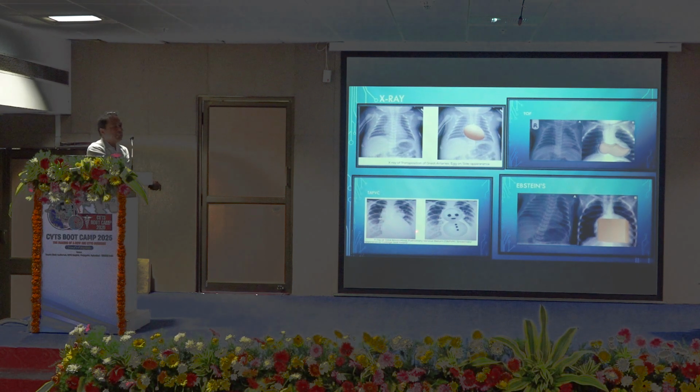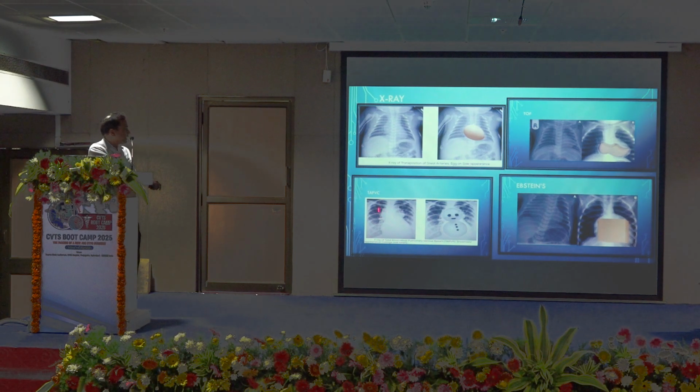Coming to TAPVC, total anomalous pulmonary venous connection, here the shape is called snowman heart or cottage loaf appearance of the heart. What is that? In supracardiac TAPVC especially, there will be an ascending vertical vein which will be dilated, because all the pulmonary venous blood goes through the vertical vein to the innominate vein, then comes to the SVC.